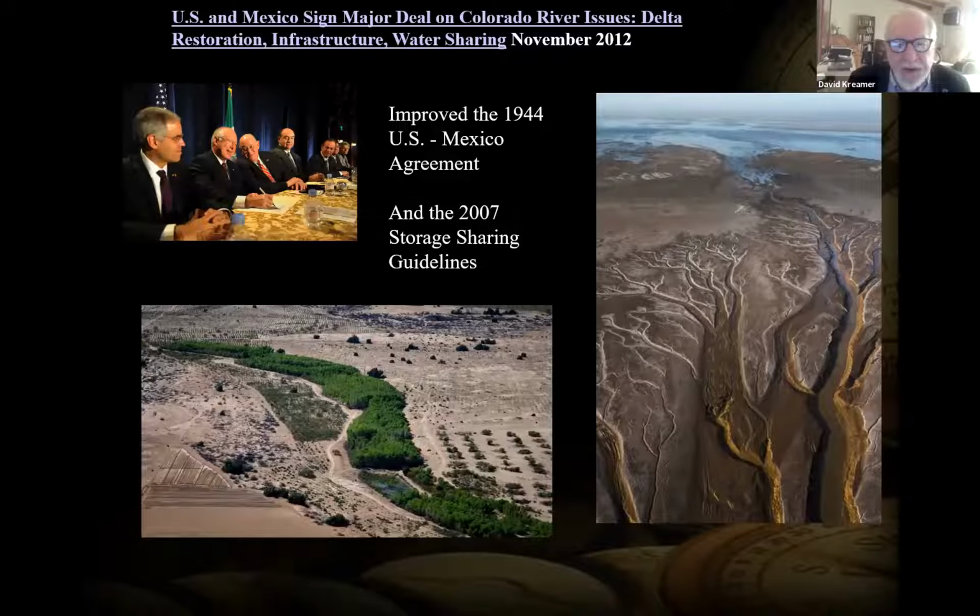And then finally in 2012, there was a US and Mexico agreement on the restoration of the Colorado River Delta, which you can see over here in the right-hand photo, and infrastructure and water sharing agreements for the river.